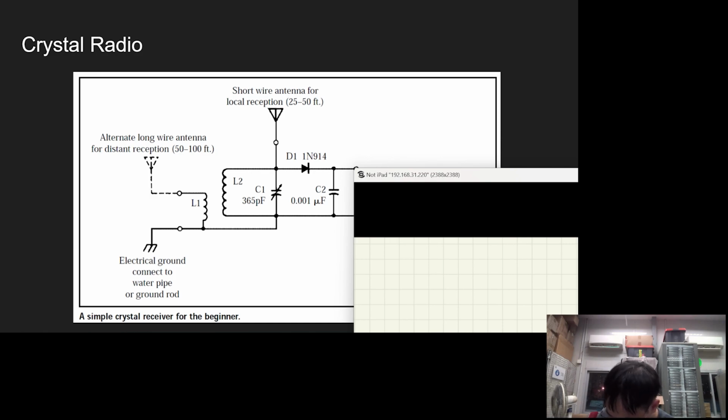Sometimes they will put it in this way. So my drawing is a bit rough.